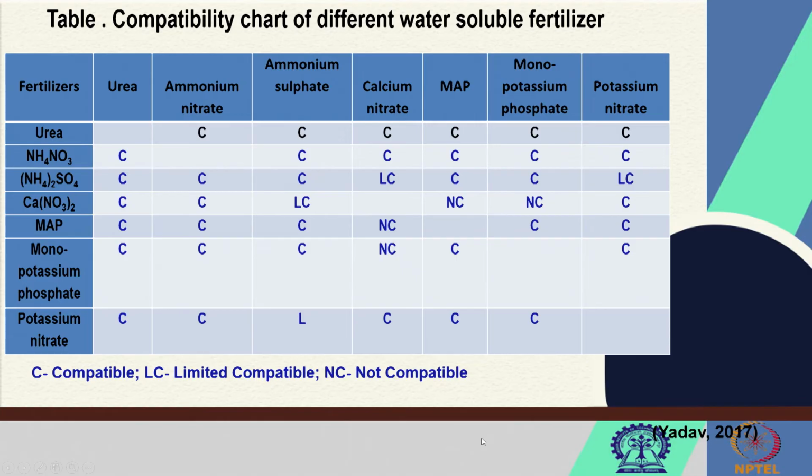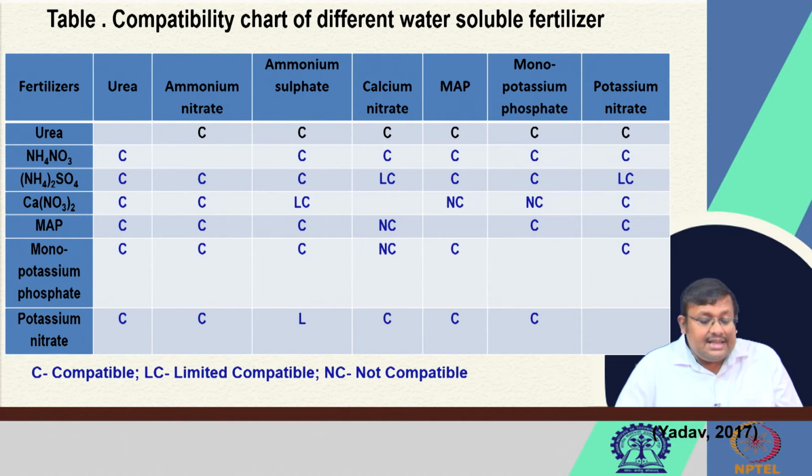Now, if we see the compatibility chart of different water soluble fertilizers, we can see that urea is compatible with ammonium nitrate, ammonium sulphate, calcium nitrate, and then monoammonium phosphate, monopotassium phosphate and potassium nitrate. However, calcium nitrate has no compatibility with monoammonium phosphate and monopotassium phosphate.